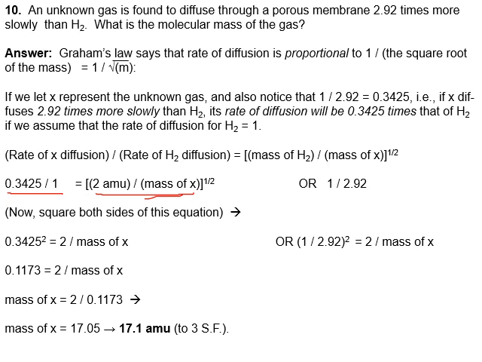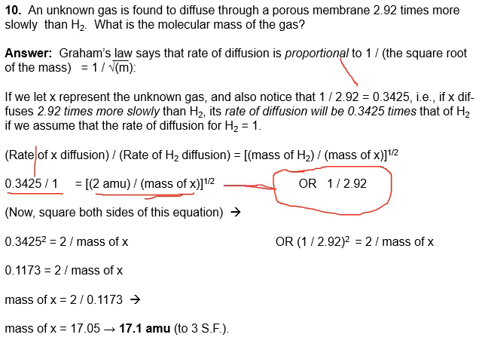So I did it on the left, and the 0.3425 here comes from the fact that I divided 1 by 2.92 to get the rate of the unknown gas as compared to the rate of the H2. But then over here on the right hand side I did it a different way and you get the same answer, where I wrote it as 1 over 2.92. So let's look at these two things right here.